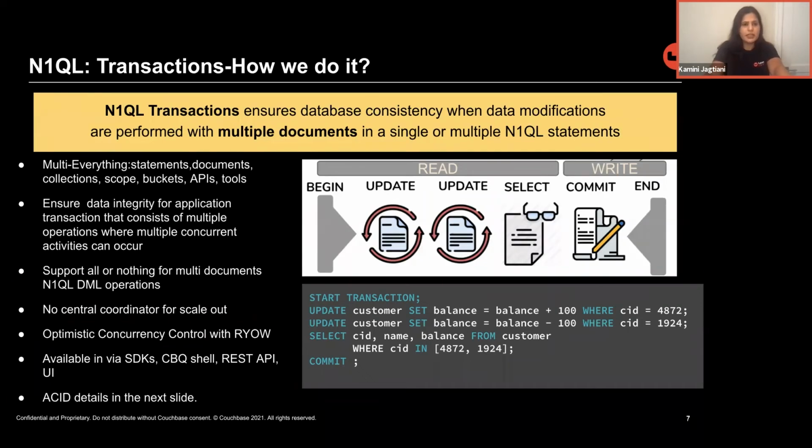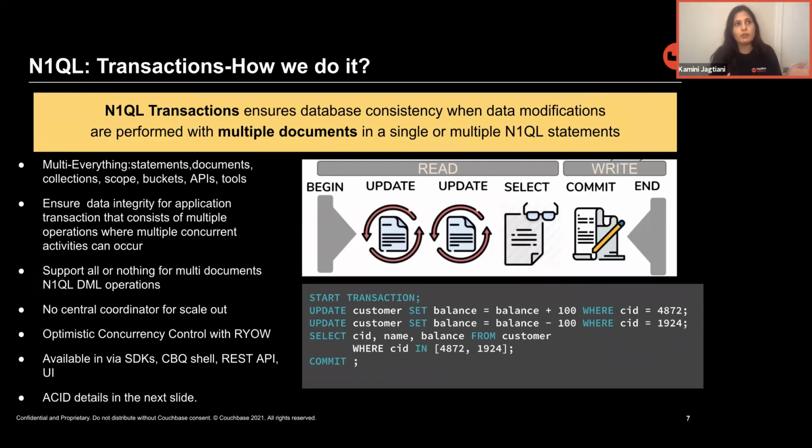Like I said multiple times, N1QL transactions is multi-everything. You saw in some of the previous slides, you can have multiple statements between the begin and commit. So N1QL transactions includes multi-statements. These statements could work on different documents, so multiple documents. Each of those documents could belong to different collections.